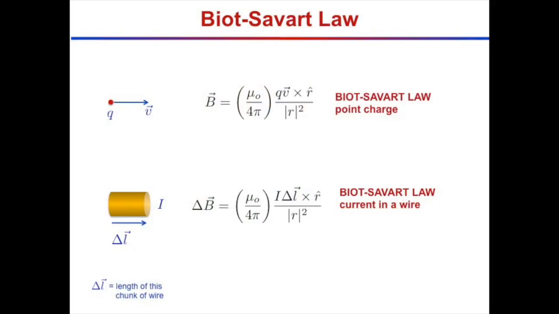Having seen the guts of this calculation for the straight wire, I'm not going to show you all of it for the current loop. It's the same method, so I'll show you the steps, but you should focus on the result. Then we'll talk about a magnetic dipole moment and what that means, compare that to a bar magnet, and see what it is inside of materials that causes magnetism.